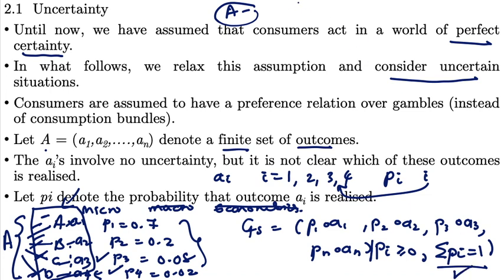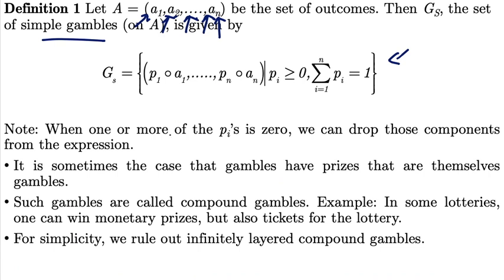However, let's say this university also considers A minus, but the probability for you to get A minus is, let's say, 0. P5 here is 0. Then you just need to omit this. So that's what this statement means. When one or more of the Pi is 0, we can drop those components from the expression.